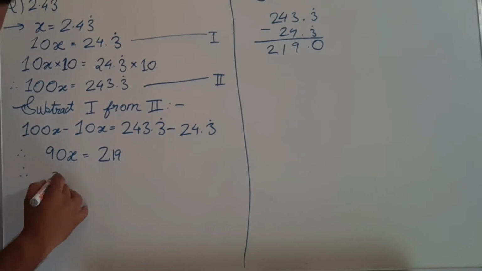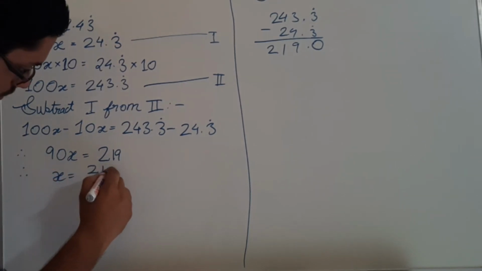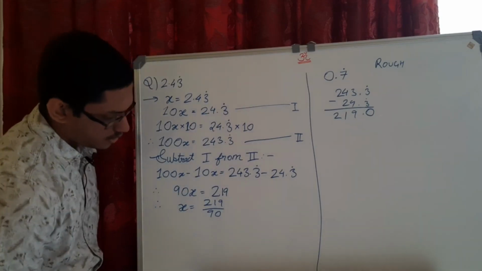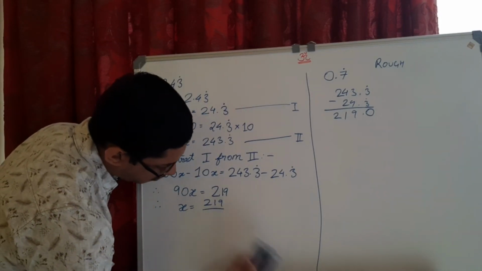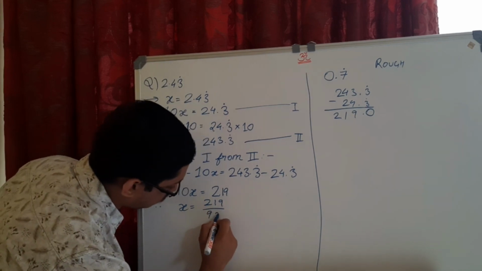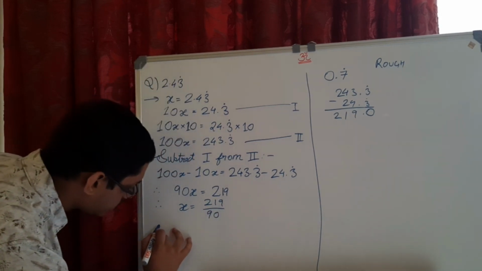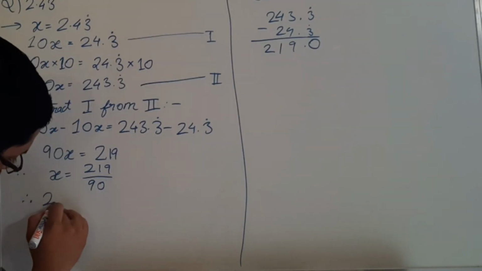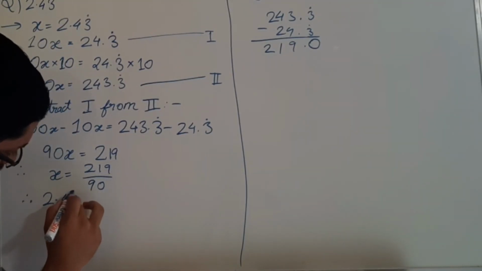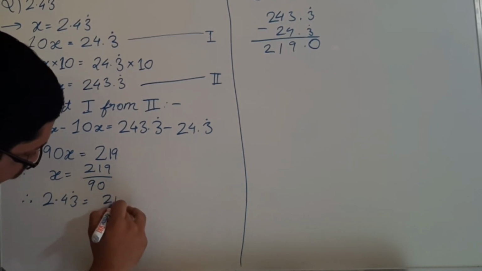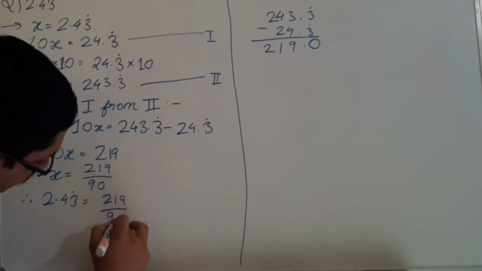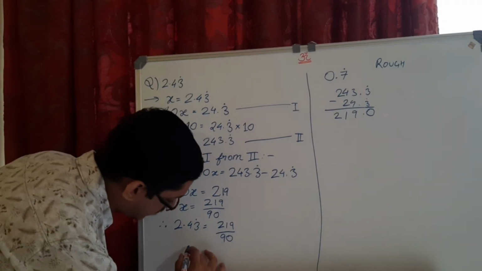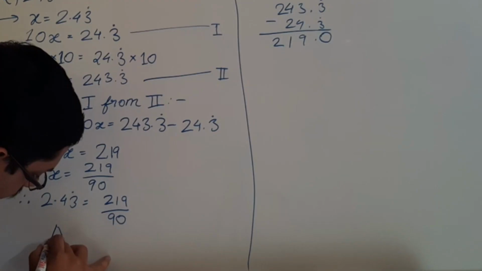So what will be x? x is equal to 219 by 90. That means 2.43 is equal to 219 by 90. All right, now write the answer just as shown earlier.